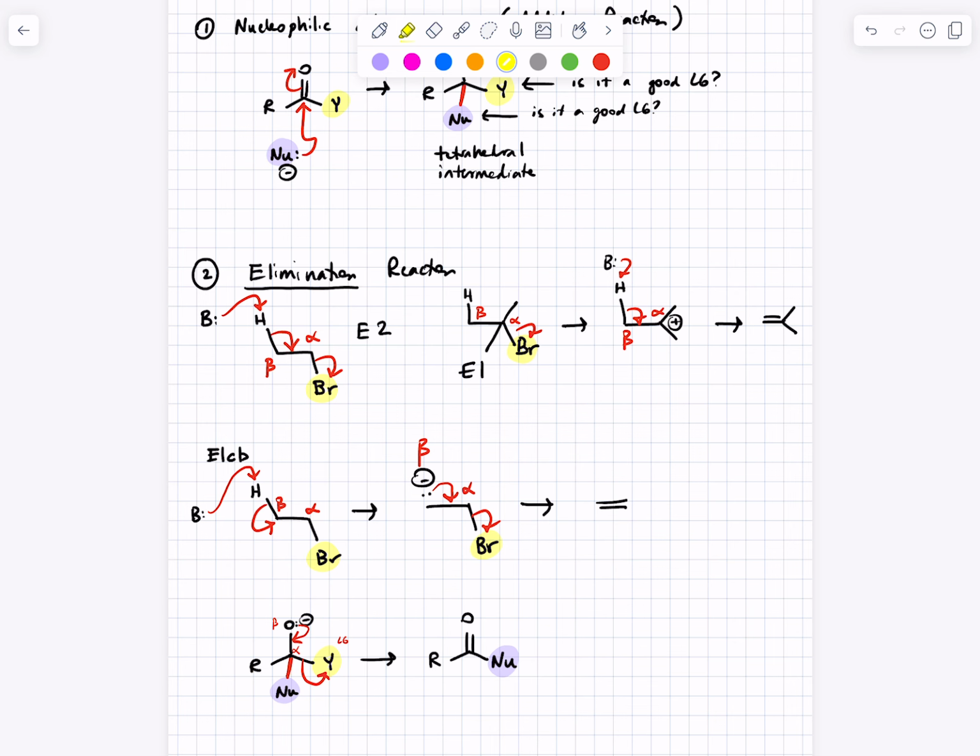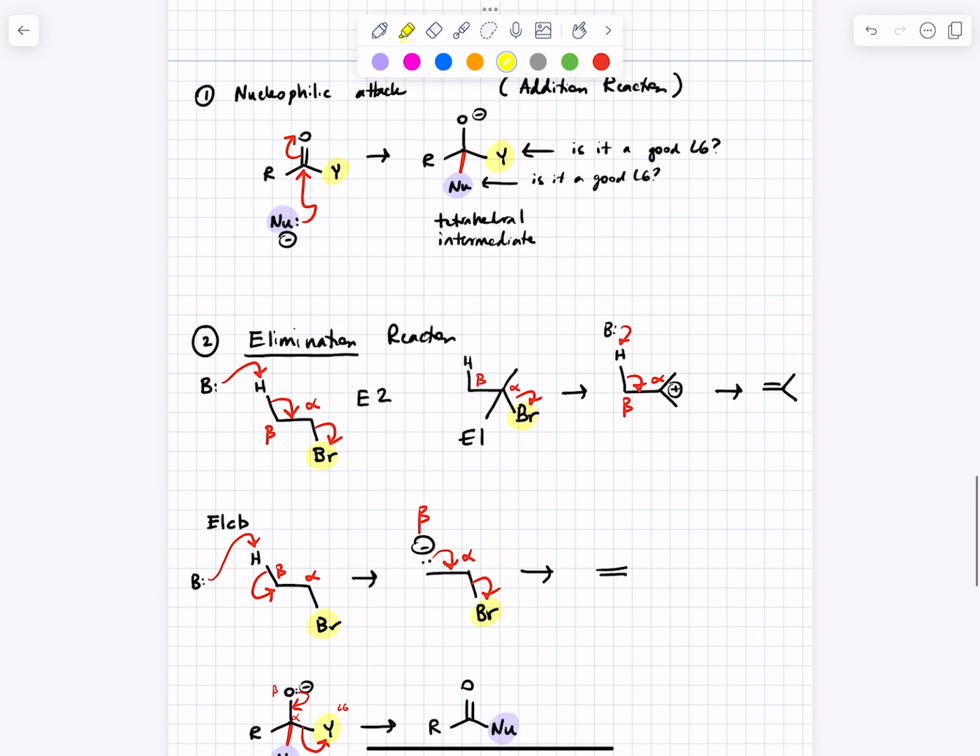Okay? So this is why I told you we were going to be asking, is Y a good leaving group? Is the nucleophile a good leaving group? Now, do you remember when we started talking about good leaving groups, I said I wanted you to put a pin in the idea, relative to what? Is it a good leaving group relative to something?